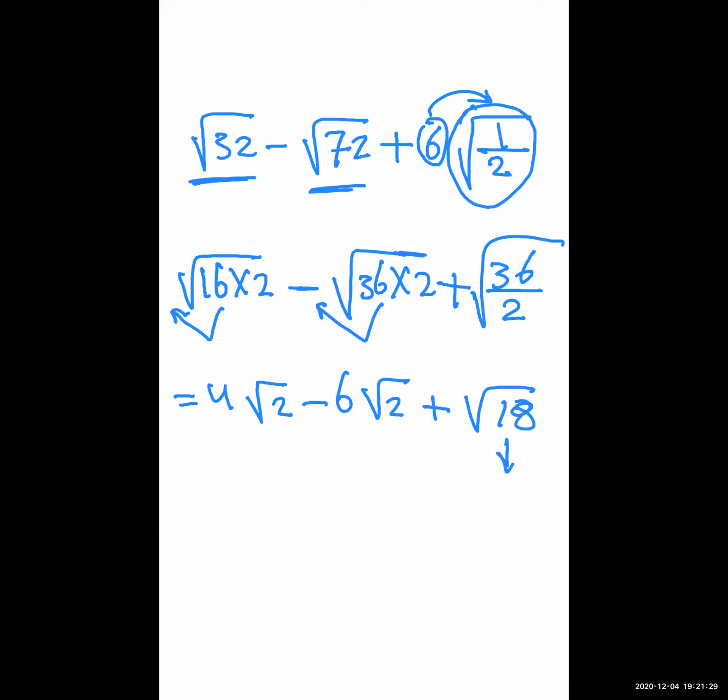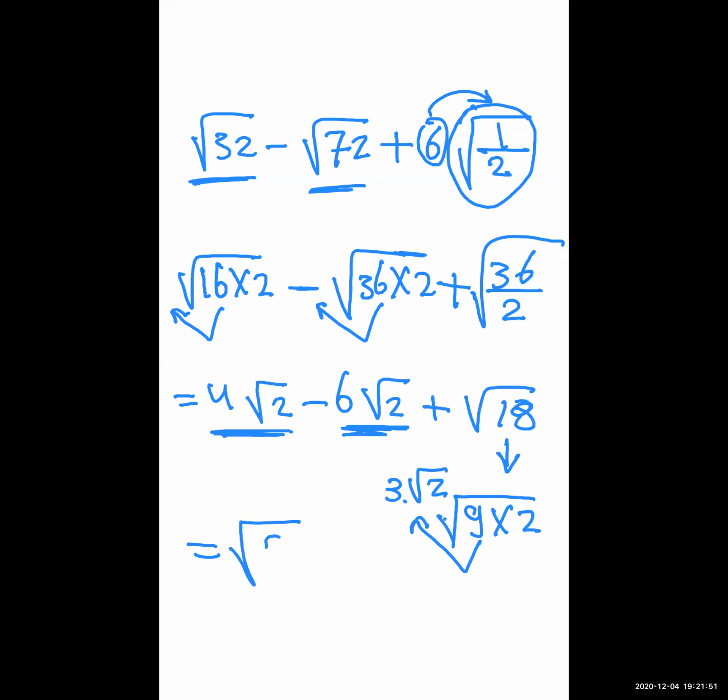Square root of 18 is square root of 9 times 2, so 3 square root of 2, right? Now 4 square root of 2 minus 6 square root of 2 is minus 2 square root of 2, plus 3 square root of 2. So it will equal square root of 2. That's it.